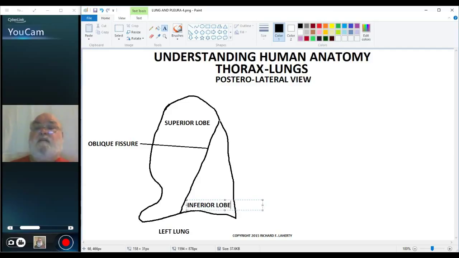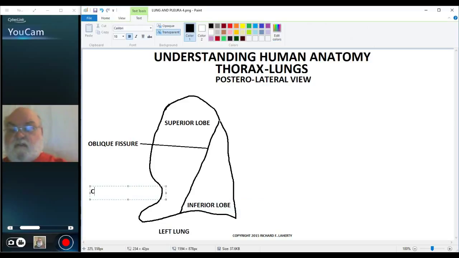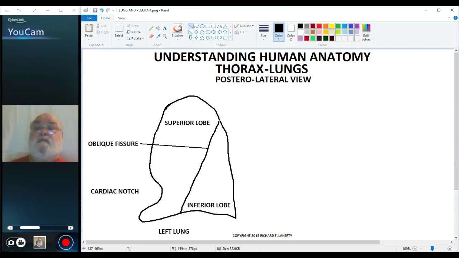Again, we have a cardiac notch visible. And the lingula.